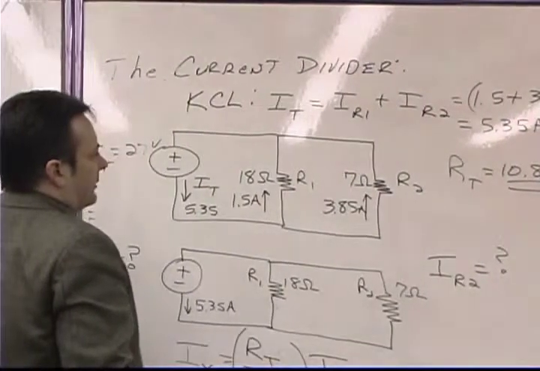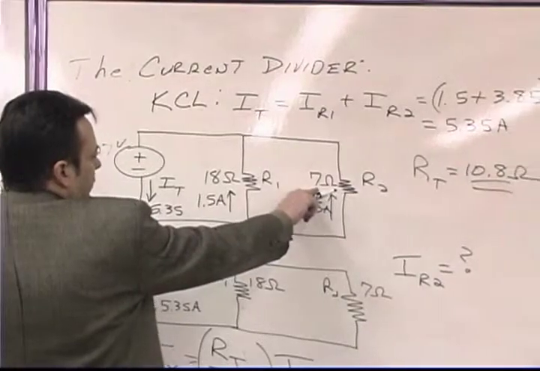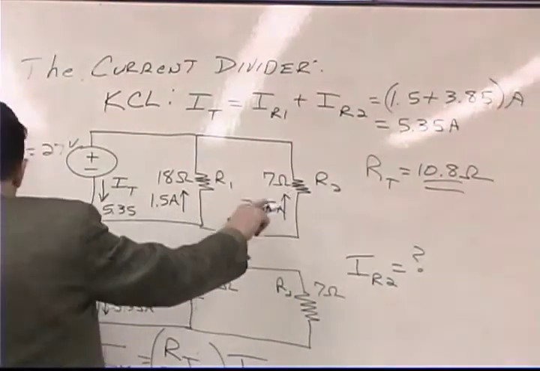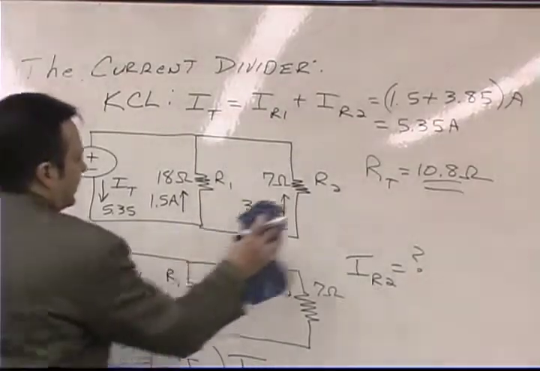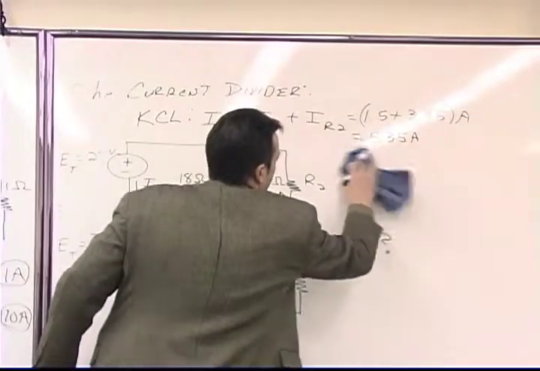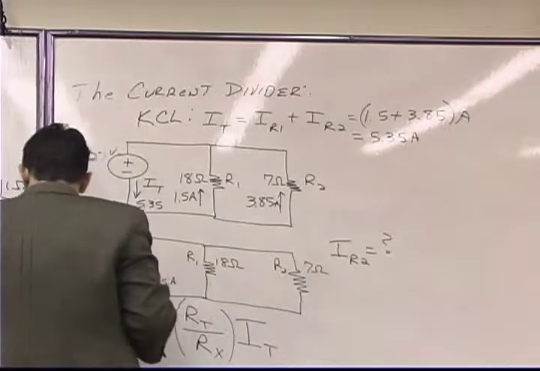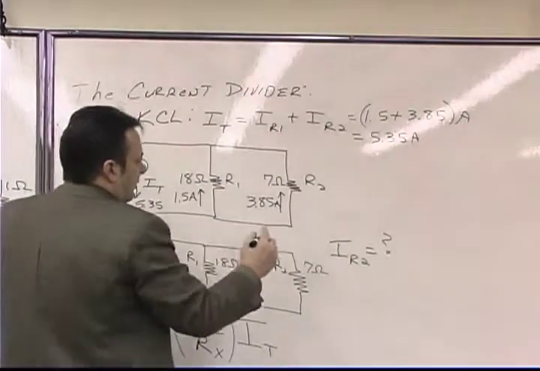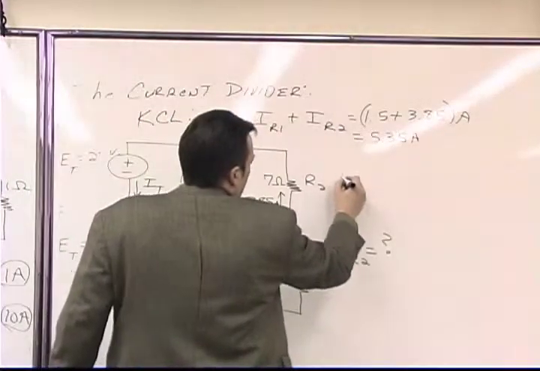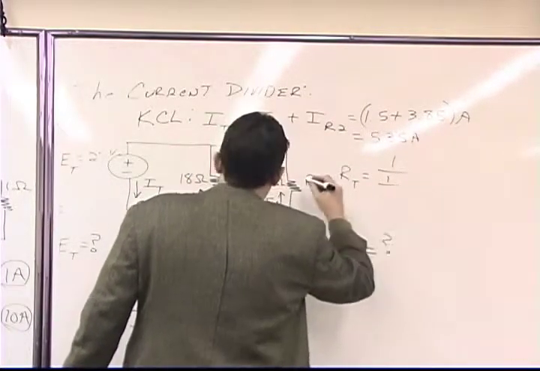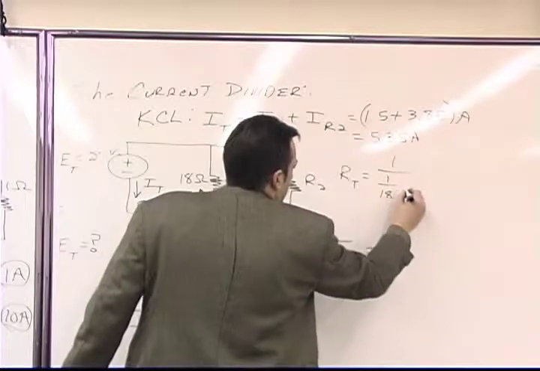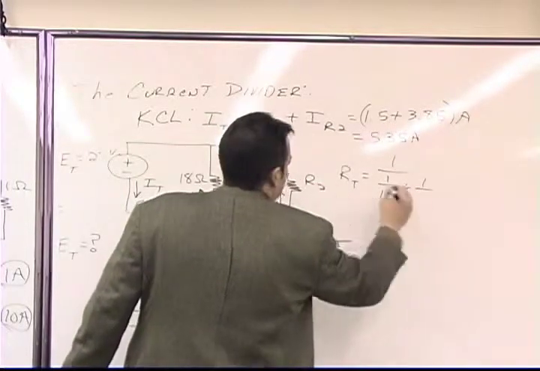No, that can't be right, because it's got to be smaller than your smallest resistor, right? So let's fix that. See, that's the nice thing about having those little rules, because if you have written something down in error, then you can figure it out. So our total is equal to the inverse of 1 over 18 plus 1 over 7.